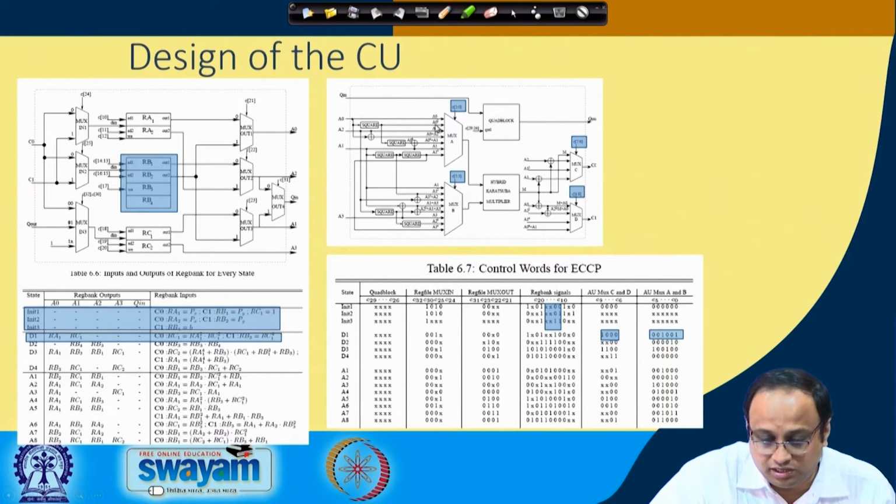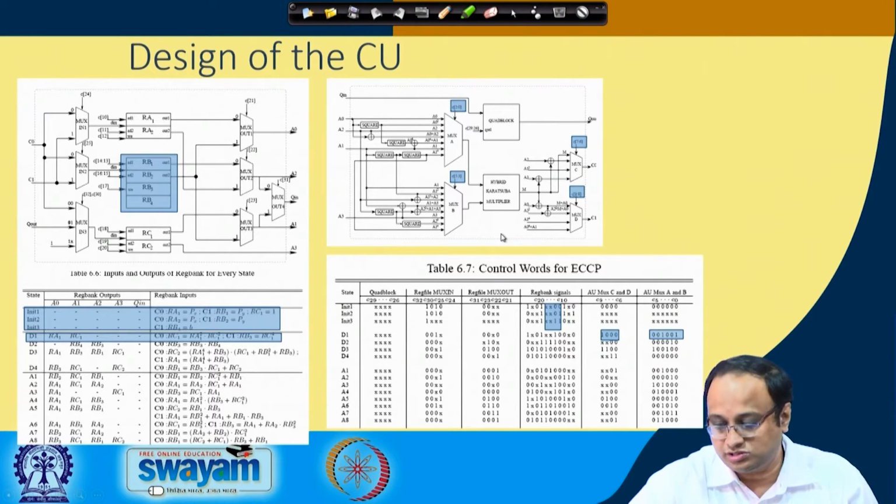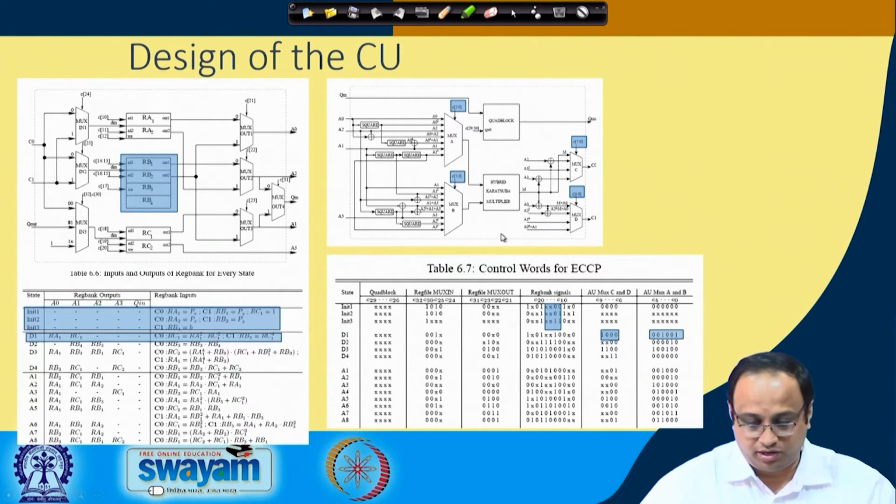So you are selecting the inputs A0 square and A1 square. A0 and A1 are coming in, getting squared by the squaring circuit in my arithmetic unit, and I am passing A0 square and A1 square to the multiplier. The multiplier multiplies them and the result is ready in the bus M.